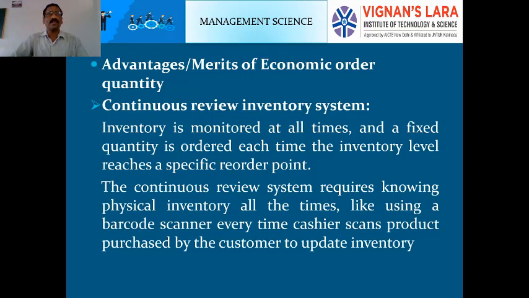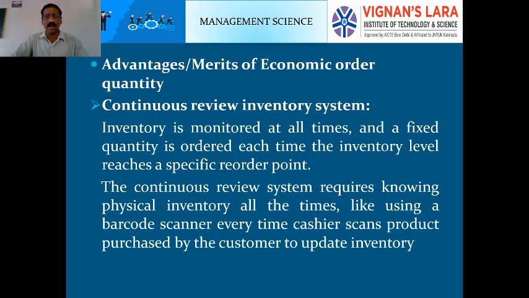Whenever we are applying the scientific equation, it helps to review how much quantity of raw material is in the warehouse, how much will be replaced, how many orders to be placed. It is a continuous process, one after another, one month to another month, one year to another year.